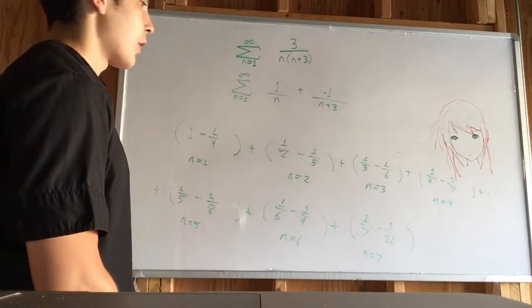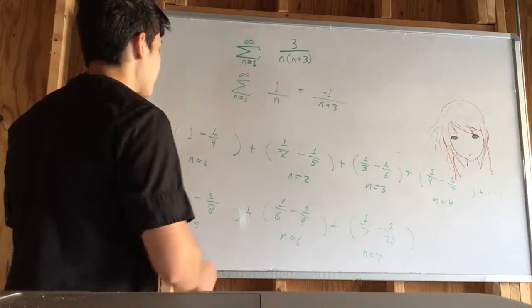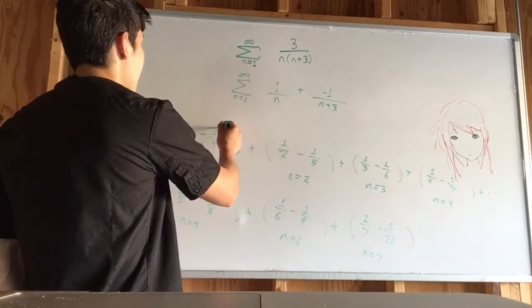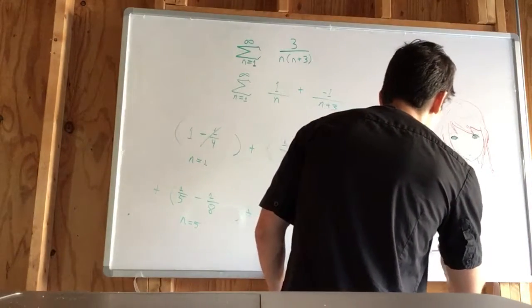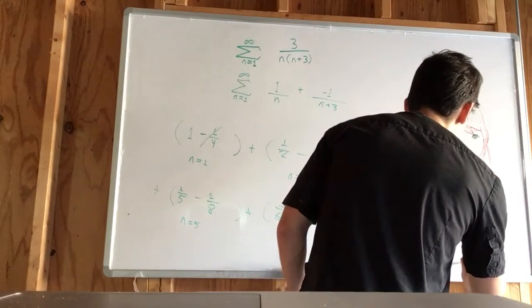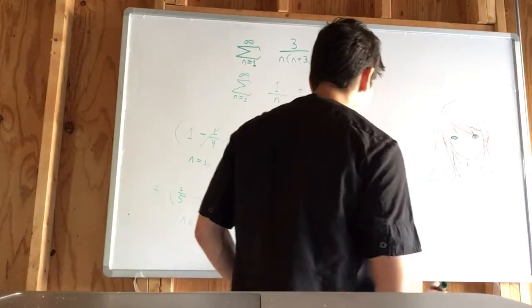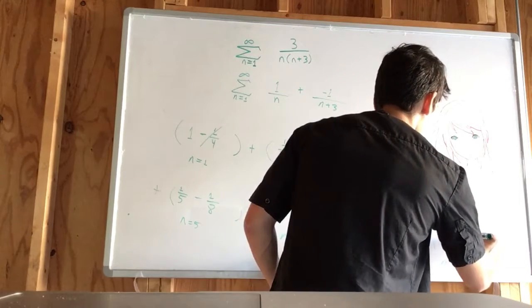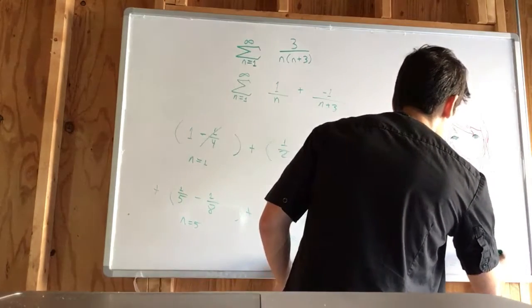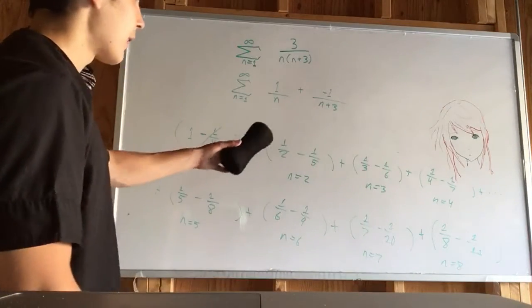And so do things start to cancel out? Well, they do. They just seem to be taking longer than normal. So if we plug in n equals 8, let's go ahead and do that just to be symmetric here, we would get 1/8 minus 1/11. But the point is, things do cancel out.